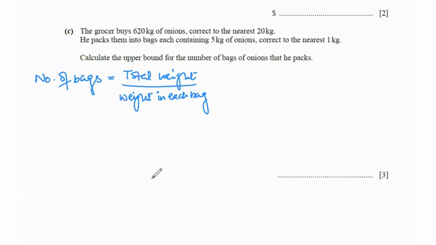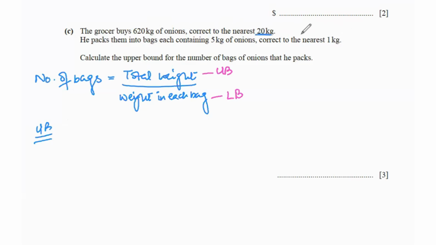In division, when you're trying to find the upper bound, your numerator will be the upper bound and the denominator will be the lower bound, which means for the total weight, we need to find the upper bound, and for the weight of each bag, we need to find the lower bound. So for the total weight, let's focus on the upper bound. It says that 620 kg of onions are correct to the nearest 20 kg.